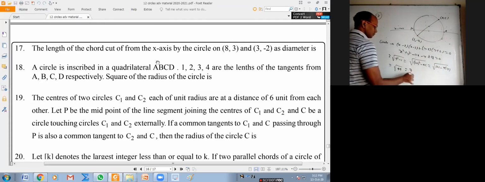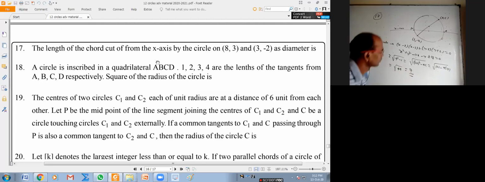Seven. In fact, if I put y equal to 0, I'll get 18, means roots are 9 and 2. In fact, 2 comma 0 and 9 comma 0 are the points of intersection, and the distance between them is 7.